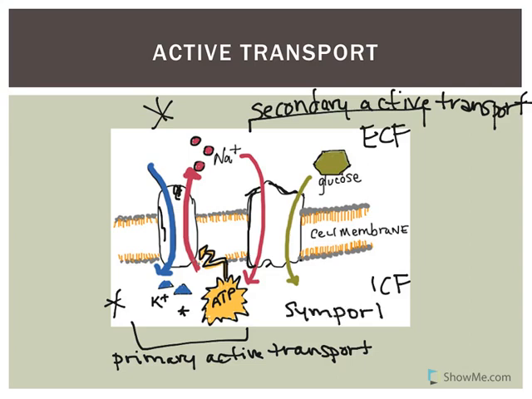If you have a symport protein, substances are moving in the same direction. Over here with this one, this is referred to as an antiporter because we're going in opposite directions.